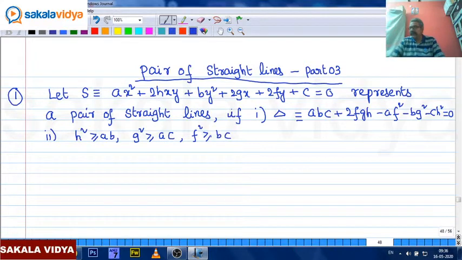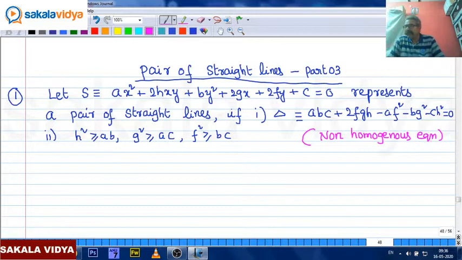So these conditions are to be satisfied for ax square plus 2hxy plus by square plus 2gx plus 2fy plus c equal to 0 to be a pair of straight lines. This is called the non-homogeneous equation.